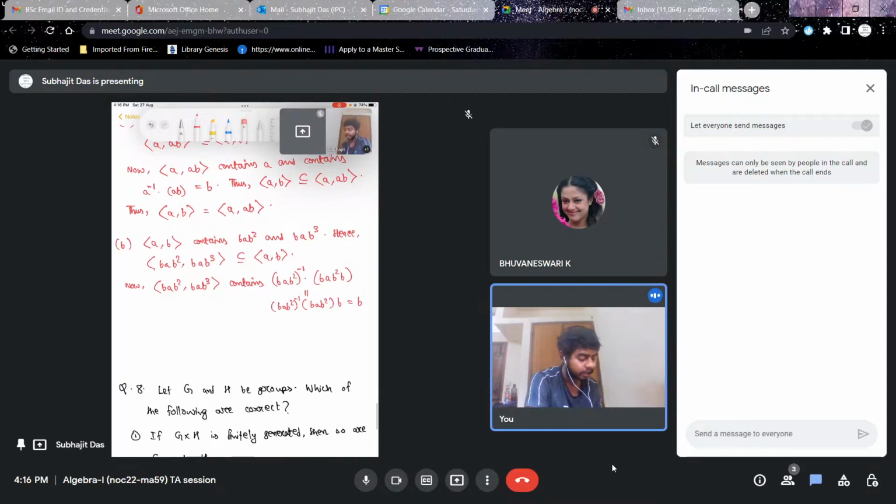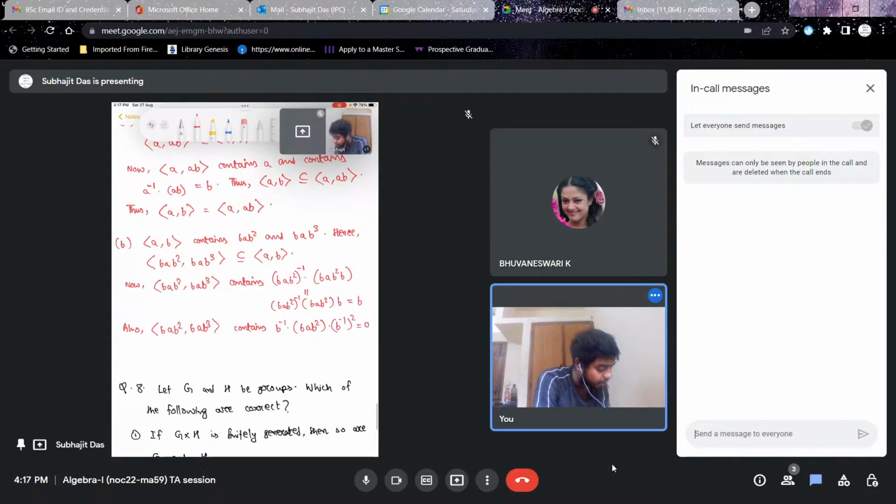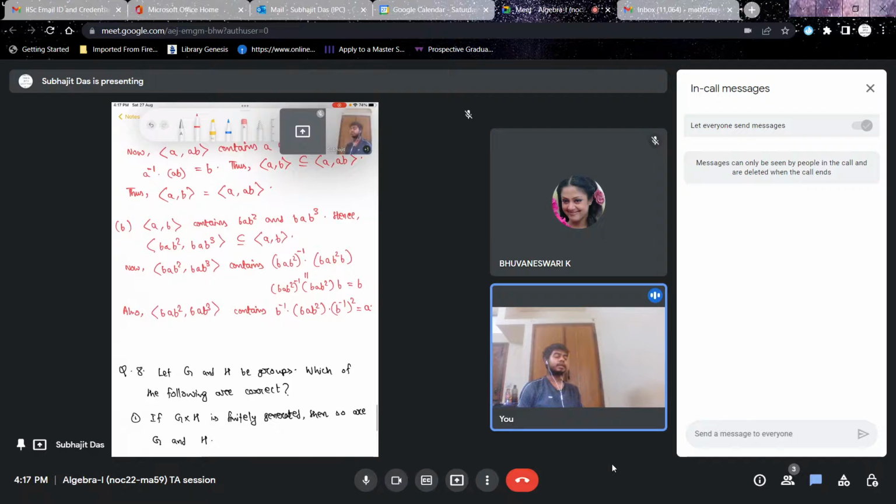So it contains B. Also, since it contains B, the subgroup generated by BAB square, BAB cube contains, since B is there, its inverse is also there, you can multiply by that inverse. So it contains B inverse times BAB square times B to the power -1 whole square, that is B to the power -2, which is just A, right? And what is the smallest subgroup containing both A and B?